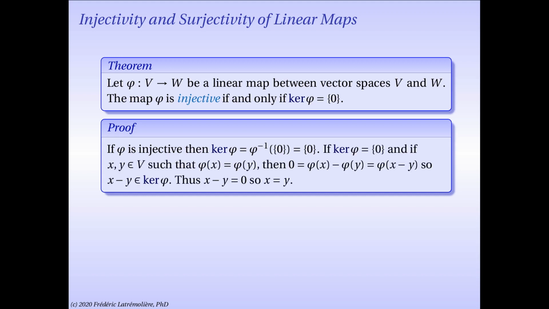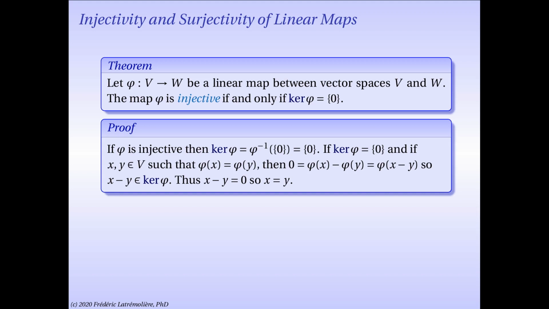On the other hand, if the kernel of phi is the singleton 0, and I take any two vectors x and y in V such that phi of x equals phi of y, so phi takes the same value on these two vectors, then using the algebraic rules we worked on in our previous lessons, 0 is equal to phi of x minus phi of y, which is equal by linearity of phi to phi of x minus y.